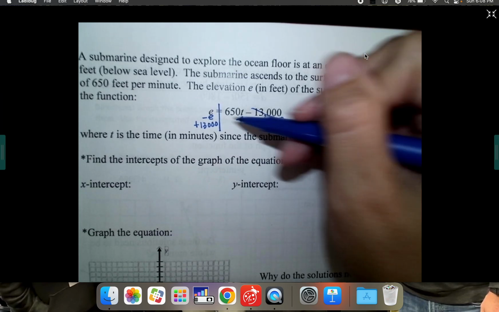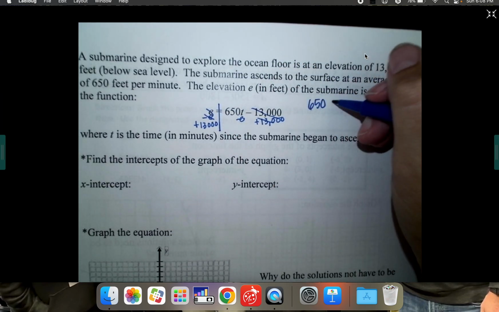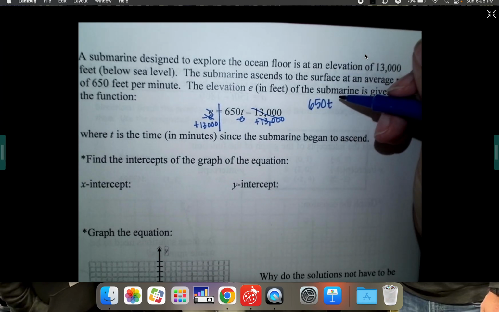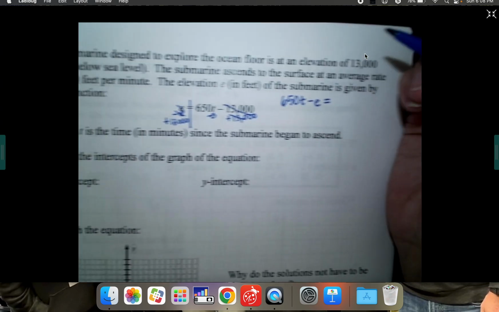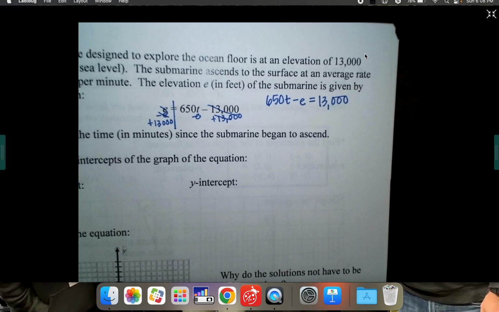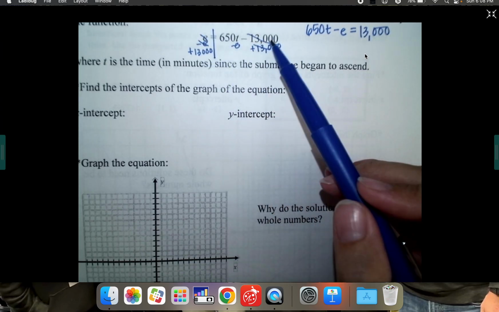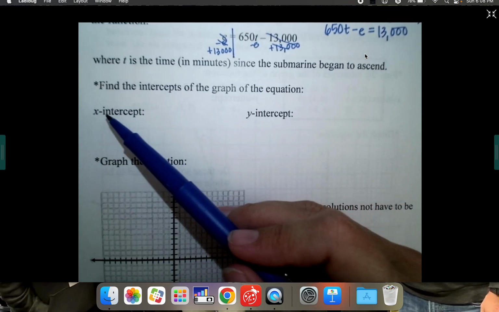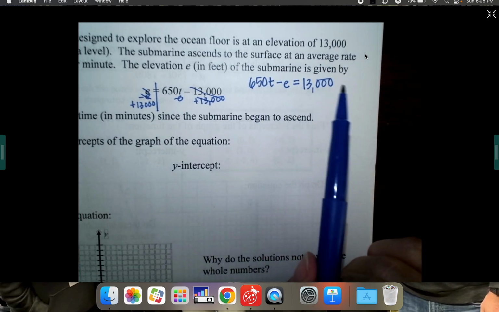So what this is going to do is leave us with 650T minus the E equals, and I know it's on the other side, 13,000 feet. Okay, so we could actually have graphed it. In fact, I'm going to graph it in slope-intercept form, so I'll come back to look at this when we graph it. But in order to find the intercepts, it really is easier to have it in standard form.